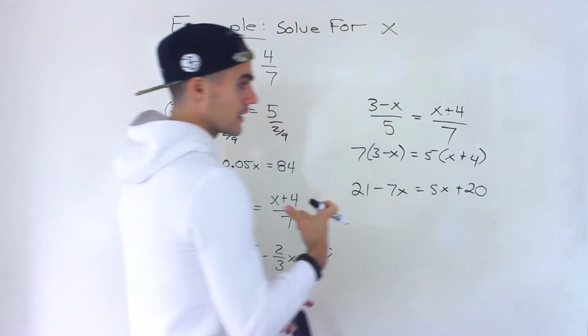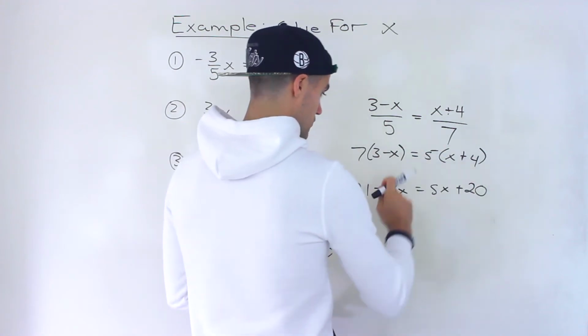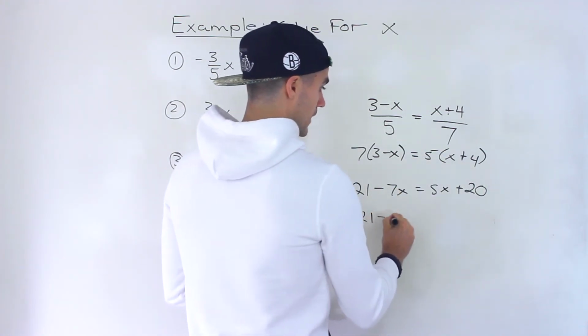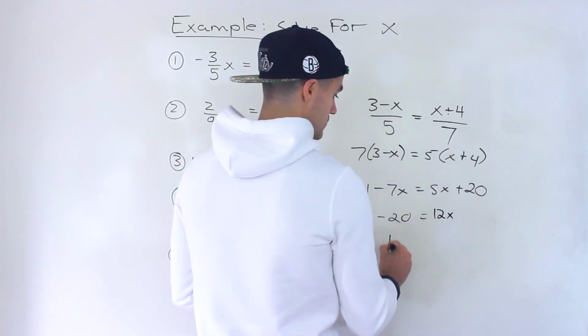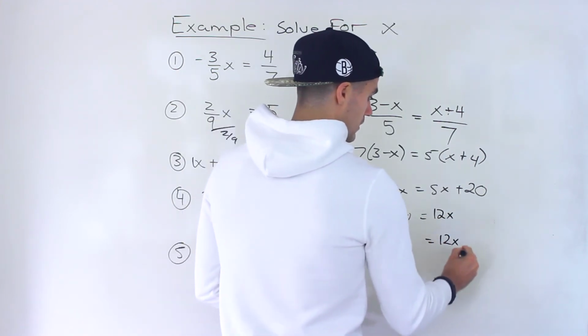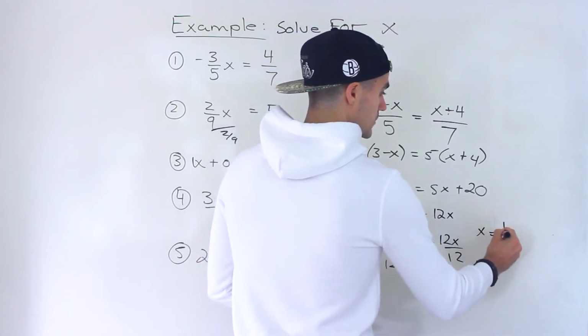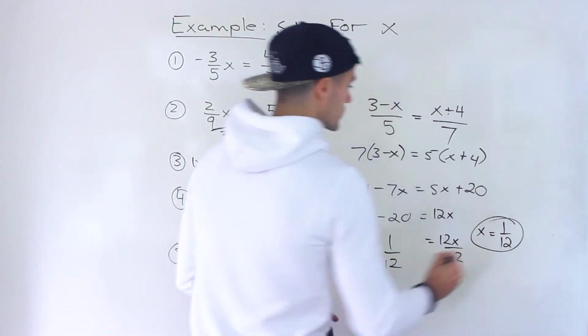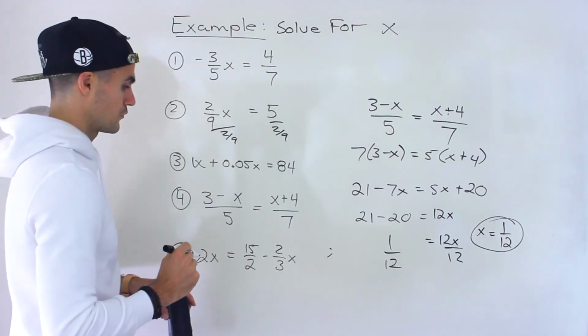And then bring all of the x terms to one side, so the negative 7x I'll bring over, the 20 I'll bring over, so we'd have 21 minus 20 equals 5x plus 7x, which would give us 12x. This would be 1. Divide both sides by 12. So x would end up being 1 over 12. That would be the answer to number 4.